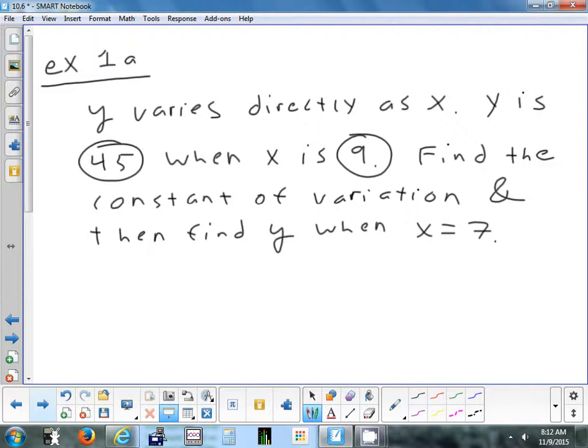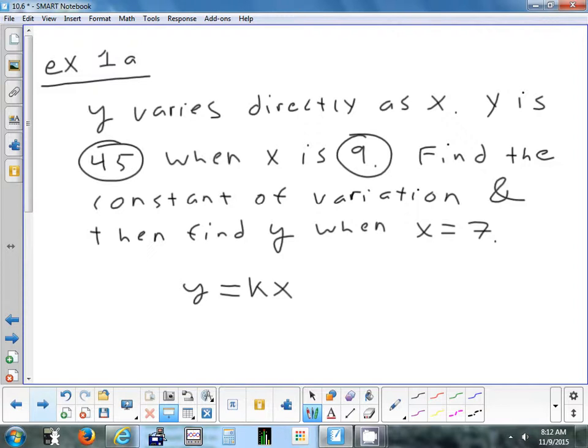Who can remind me what is my direct variation equation? That has the x, the k, and the y in it. Somebody give me that equation? Yep. Y equals k. You can put parentheses or just put y equals kx.